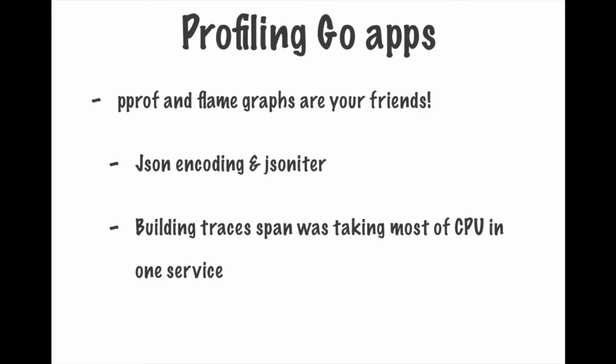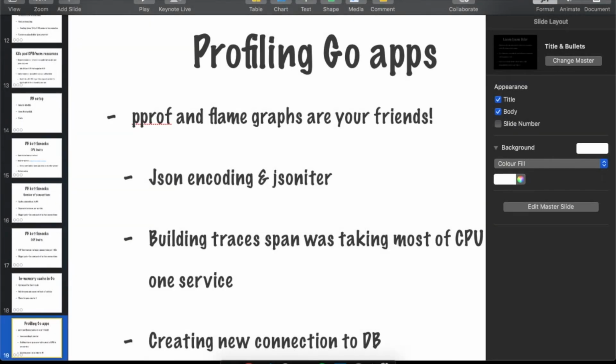So we were able to discover it and remove it. And also on this profile you can find out that creating new connections to the database takes a lot of time. So I've prepared a small demo to show you the profiling and auto-scaling.